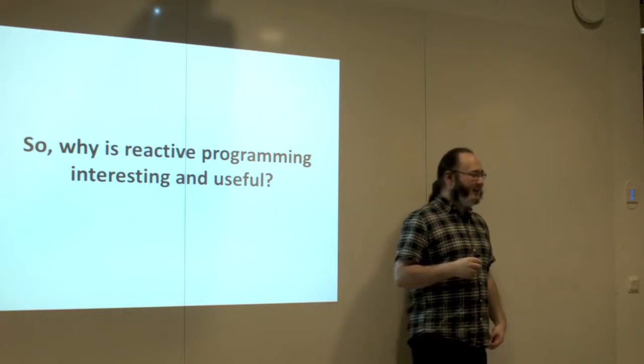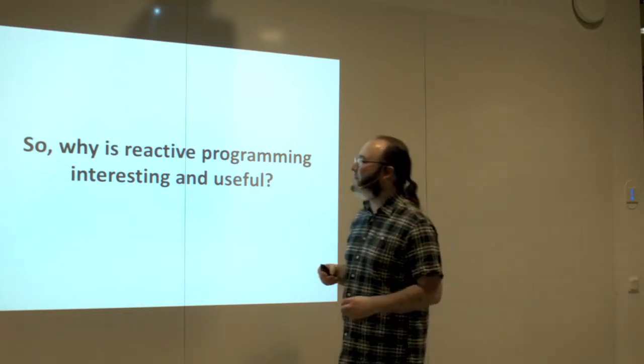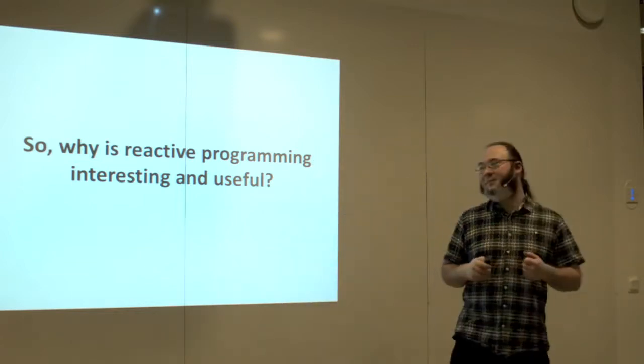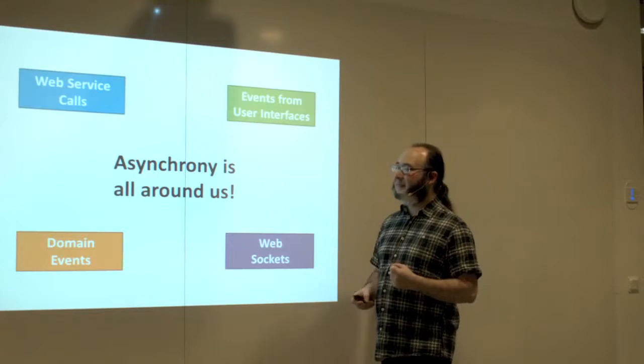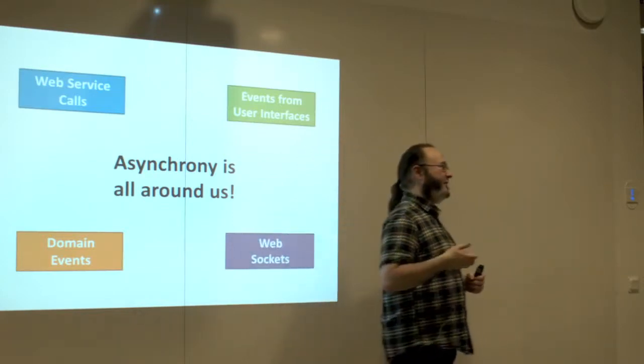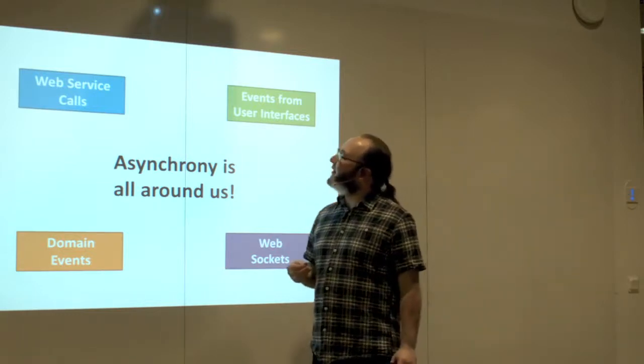Okay, so it's easy enough to make a little example using reactive beer drinking, but how is this useful in real life? I think the world has got increasingly asynchronous around us as developers, and it is kind of everywhere.